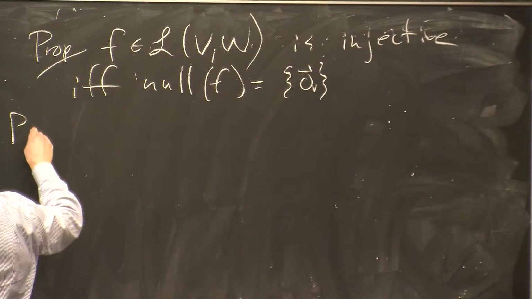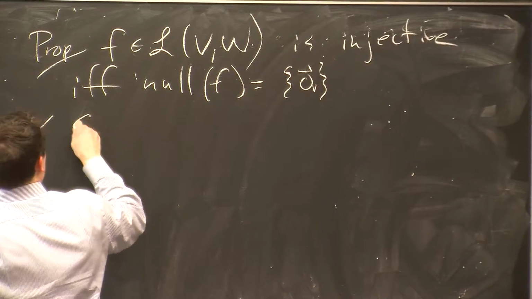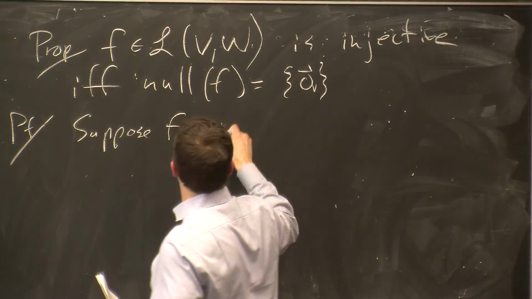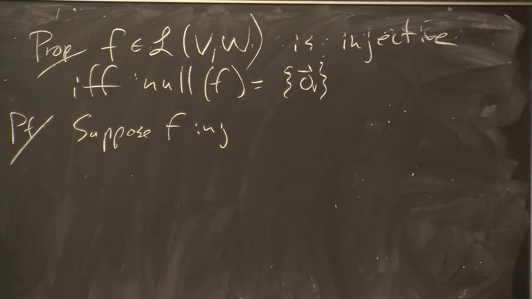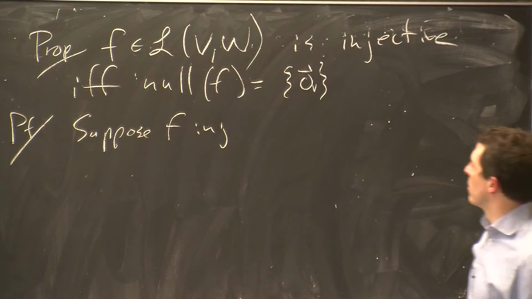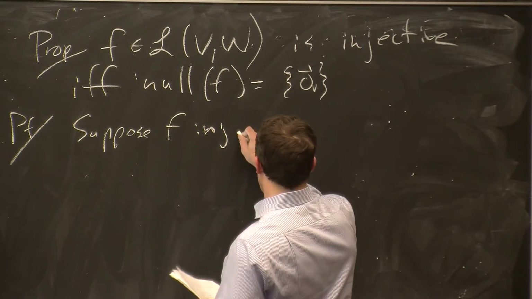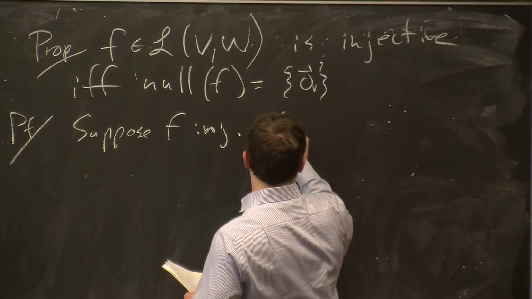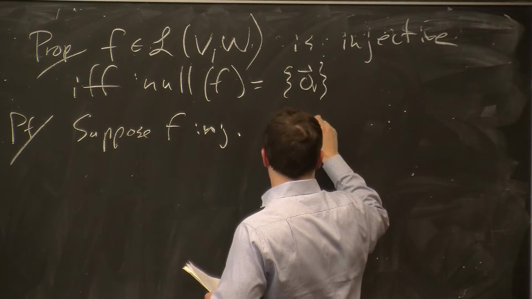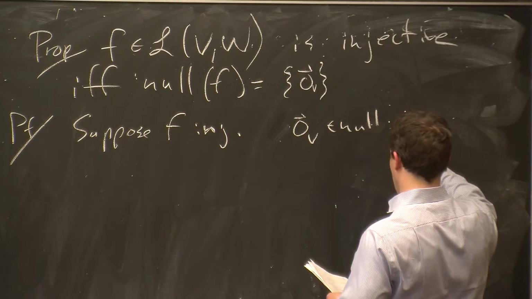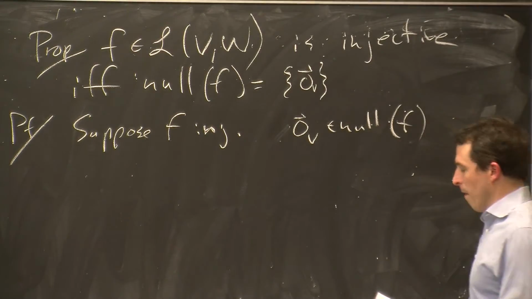So proof. First, suppose f is injective. Well, we know for sure that the 0 vector is in the null space of f.